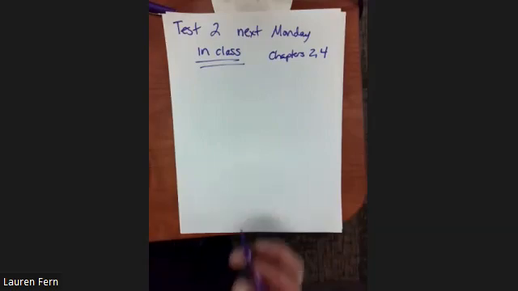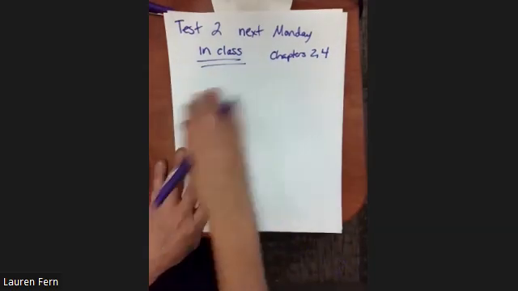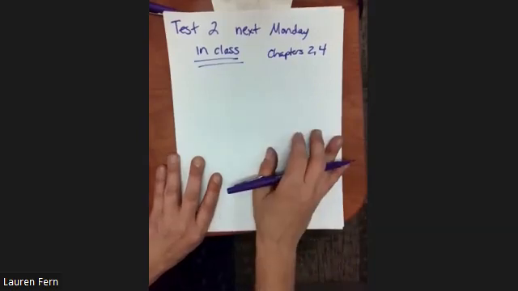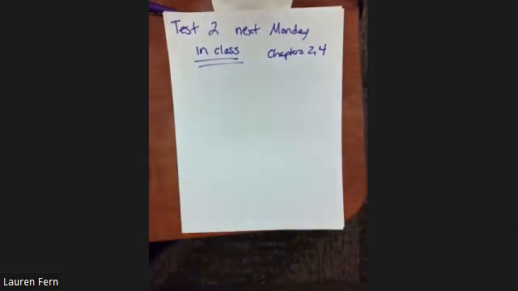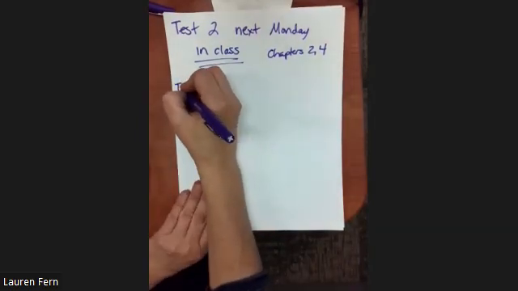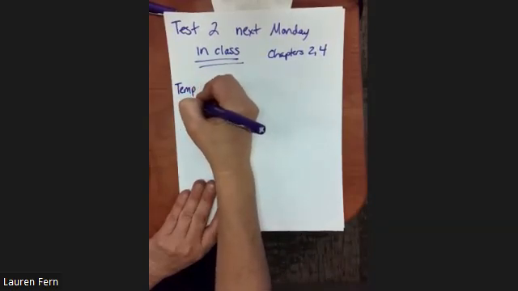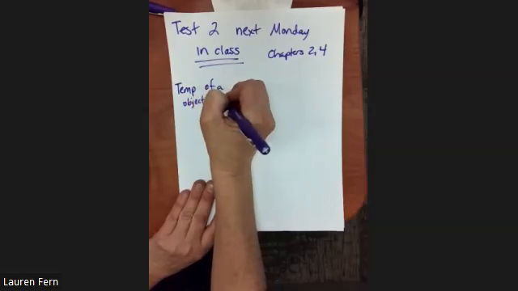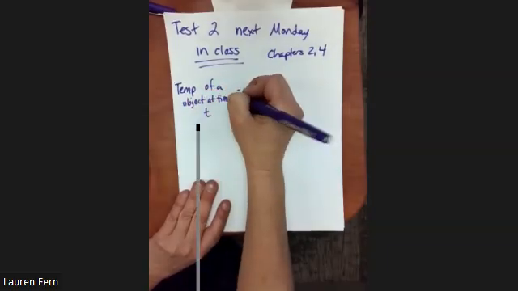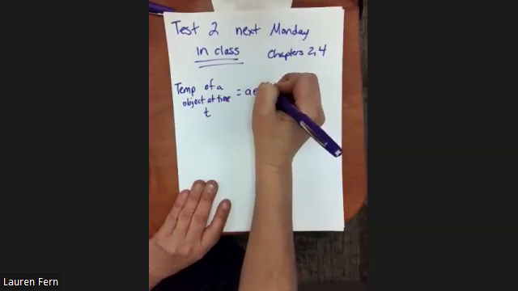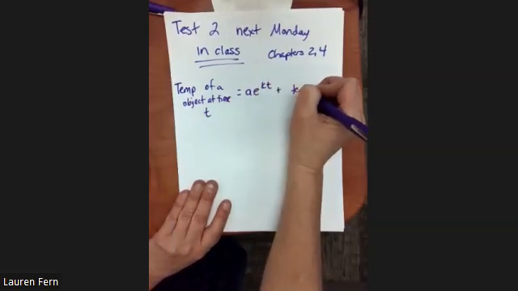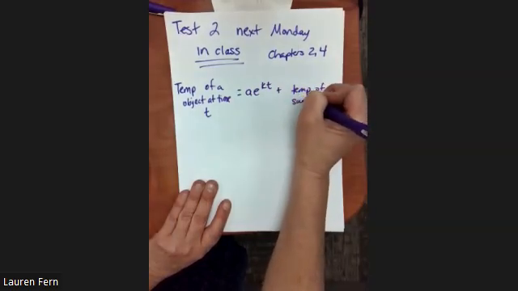All right. One more math question for today, or a problem that I'm going to put up for today. So hopefully you recall our Newton's law of heating and cooling. And you recall that the formula that we came up with was that the temperature of an object at time t is equal to A e to the kt plus the temperature of the surrounding air.